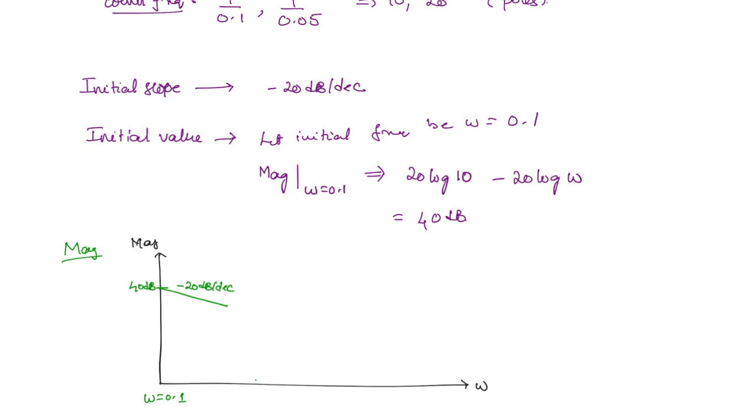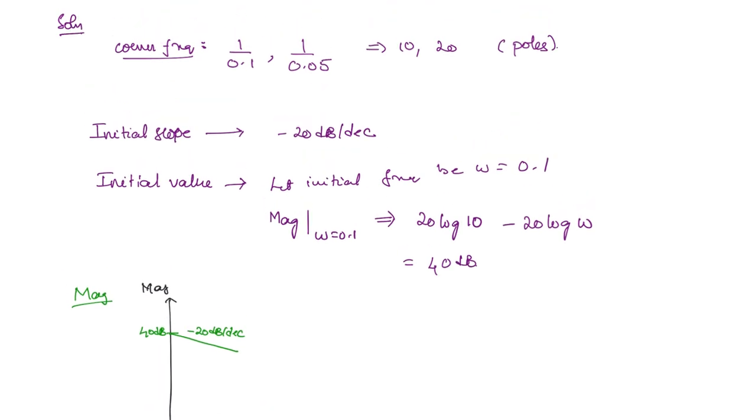Okay. Now let us say omega is equal to 10 is here and omega is equal to 20 is here. At each of these corner frequencies there will be a change of minus 20 dB per decade. Why? Because here the corner frequency is corresponding to the poles. Okay. So that is why the change will be minus 20 dB per decade.